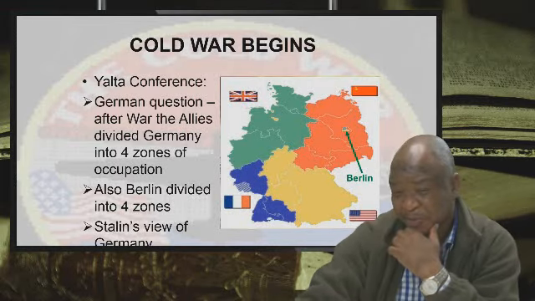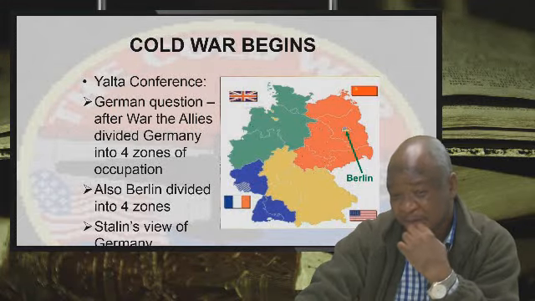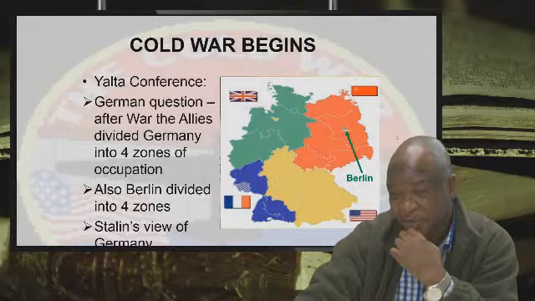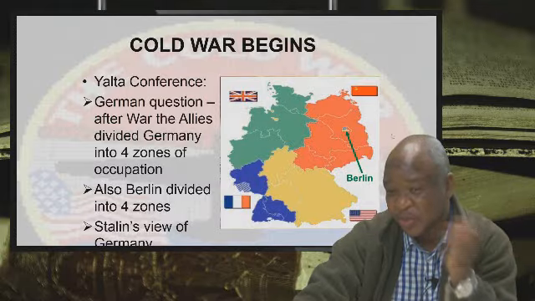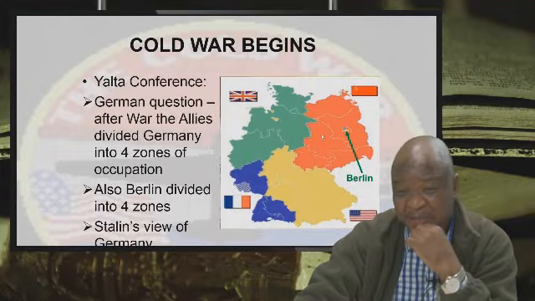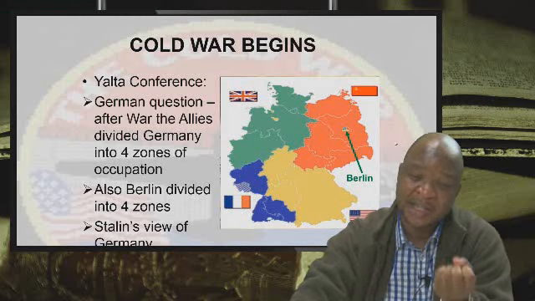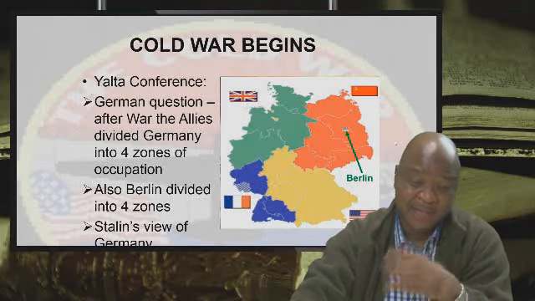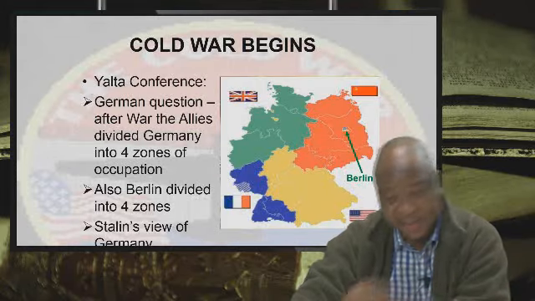And there were examples from early on that showed that a strong Germany was bad news for the USSR. There were about 2 different occasions where the USSR was attacked by Germany, including the attack of 1941, which really happened despite the non-aggression pact that was signed between Germany and the USSR.